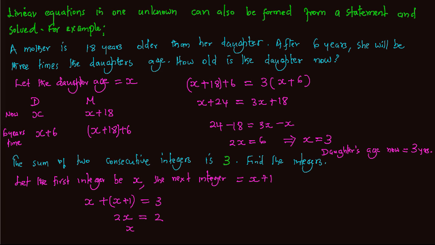So x will be equal to 1. So if the sum of two consecutive integers is 3, then the integers will be 1 and the next integer will be 1 plus 1, which is equal to 2. So the consecutive integers are 1 and 2.